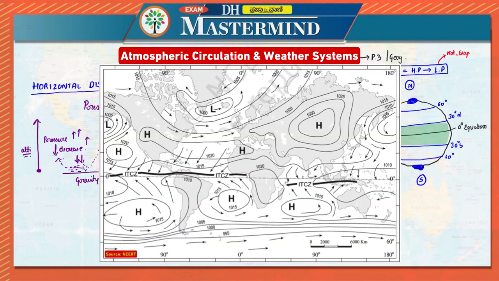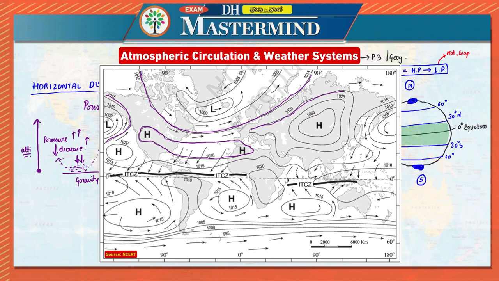We can look at it in this image. These are the isobars showing the horizontal distribution of pressure. Wherever these lines are, there is equal pressure, and if there is a change, there is a change in pressure.